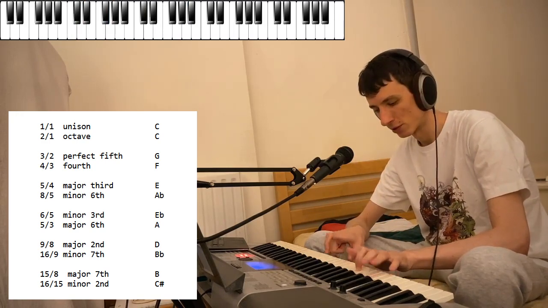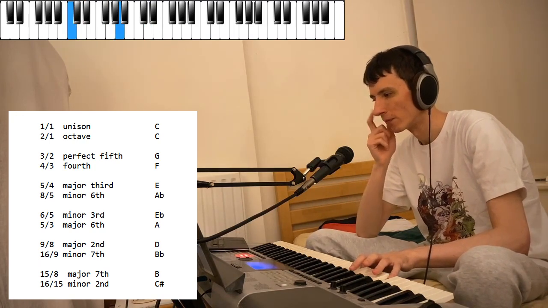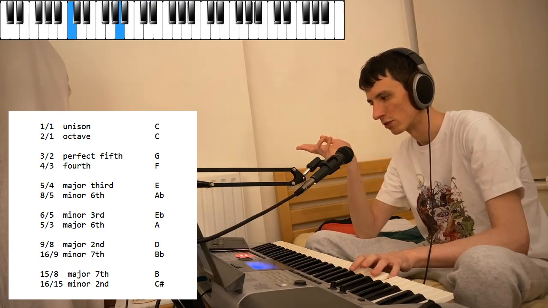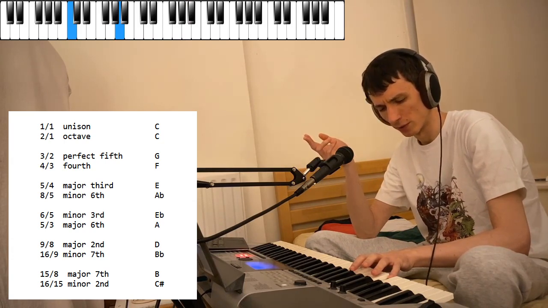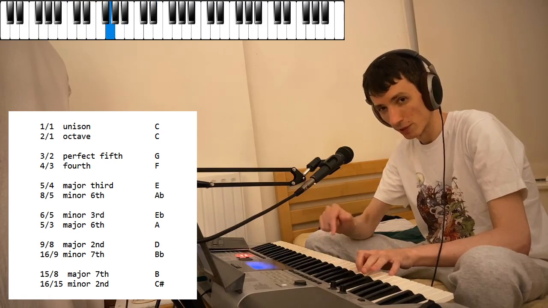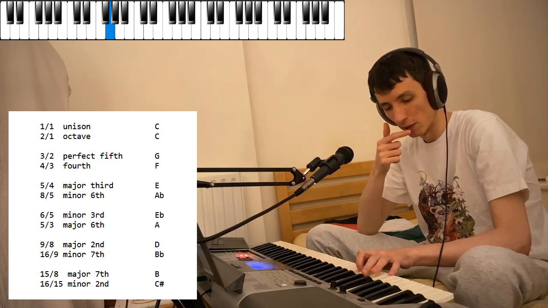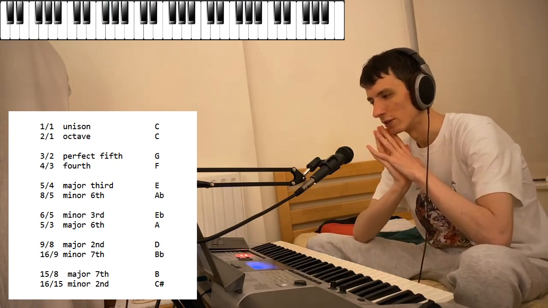We end up with this ratio, which is a major sixth. But this isn't the same as the major sixth we already constructed, which is just the fifth harmonic divided by the third one, which is this. On this piano it is the same. But if we actually did this construction, we would get two ratios that are slightly different, right?